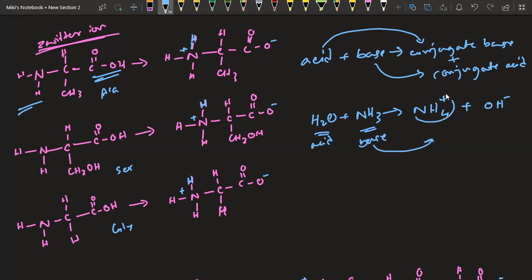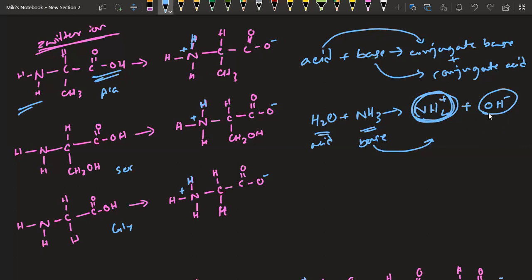Why? Think of it this way. This NH4 plus now has a surplus of H plus. That means it is now willing to donate H plus. Now the component which is willing to donate H plus, that is what? Acid. Now this OH minus is willing to gain H plus because it has one less H plus.